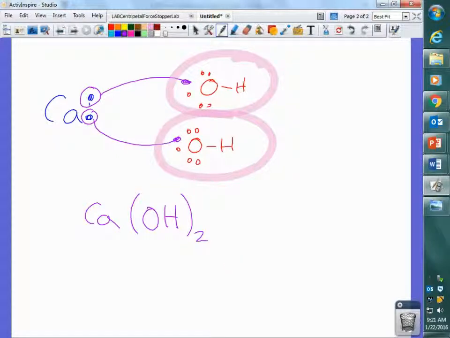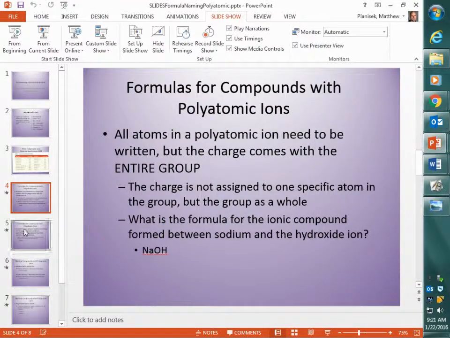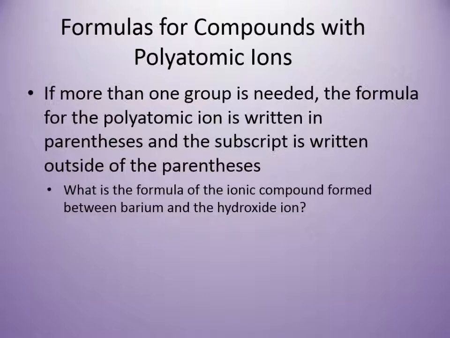So, to continue on with our notes, which is, I believe, in the bottom left-hand corner of the slides that I gave you today, right? If more than one group is needed, the formula for the polyatomic ion is written in parentheses, and the subscript is written outside of the parentheses. Okay? What's the formula of the ionic compound formed between barium and the hydroxide ion? Well, I didn't do barium for you, I did calcium, right?